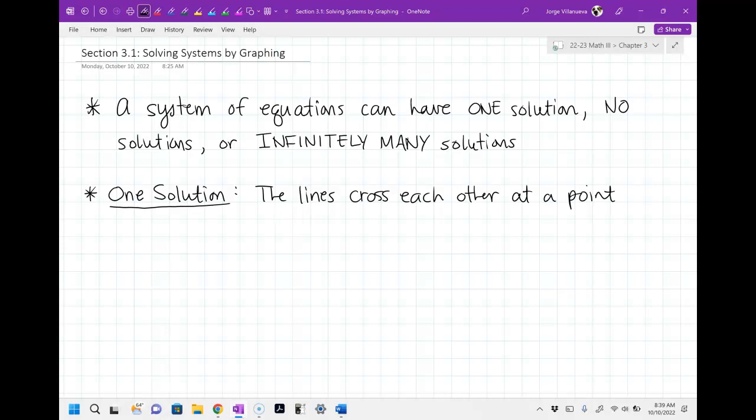If the lines are parallel, they're not going to cross each other. So if it's going to have one solution, the lines have to cross each other at some point. So they will not have the same slope. If they have the same slope, then we say that they're parallel. And if they're parallel, that's a different situation. We'll talk about that next. Okay? But one solution, that means the lines cross each other at a point.